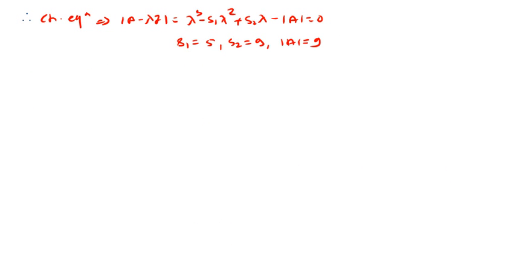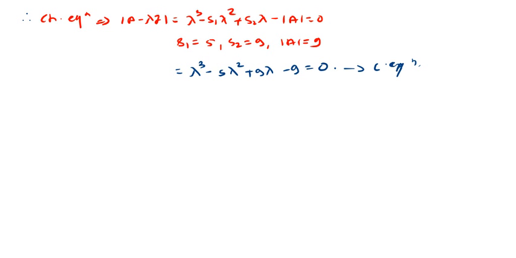Okay, so we get this equal to lambda cubed minus 5 lambda squared, then plus 9 lambda minus 9 is equal to 0. Okay, so this is our characteristic equation.